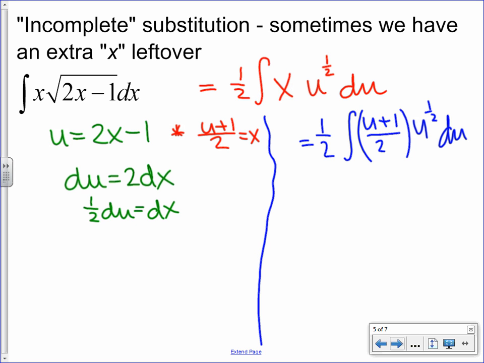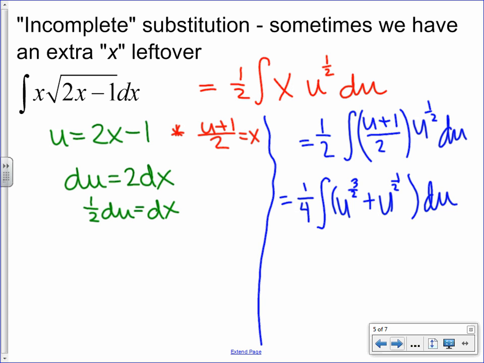We're done. Okay, so first of all, this 2, it's a constant. Can we move it outside? So I'm going to make this a 1/4. And then we just need to distribute this u to the 1/2. So 1/4 is outside, and now I'm going to write u to the 3/2 plus u to the 1/2.